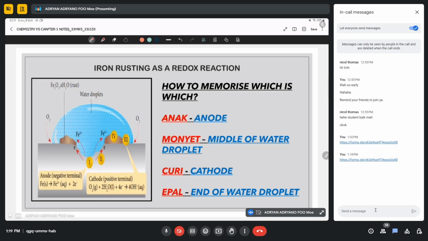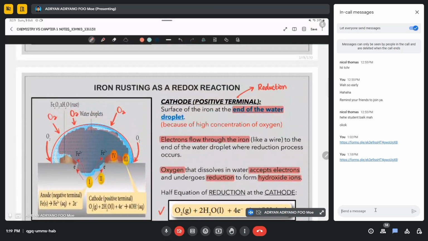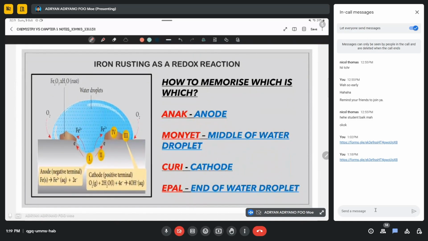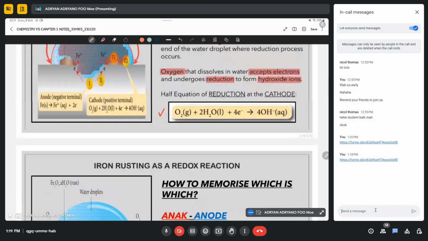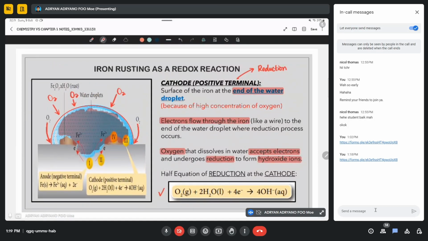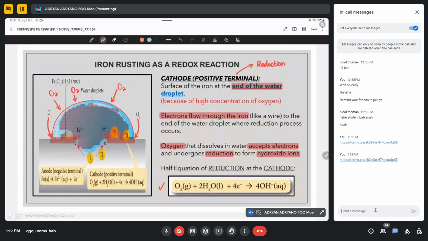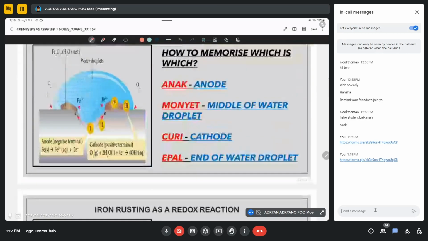Surface of iron you must remember, it is the surface of the iron，因为是那个 iron 进行 redox。Whereas cathode 它是 surface of the iron at the end of the water droplet. 它进行 redox 不是在那个 water droplet，它进行 redox 是在那个 iron 的 surface。It is not on the water droplet, it is on the iron surface.